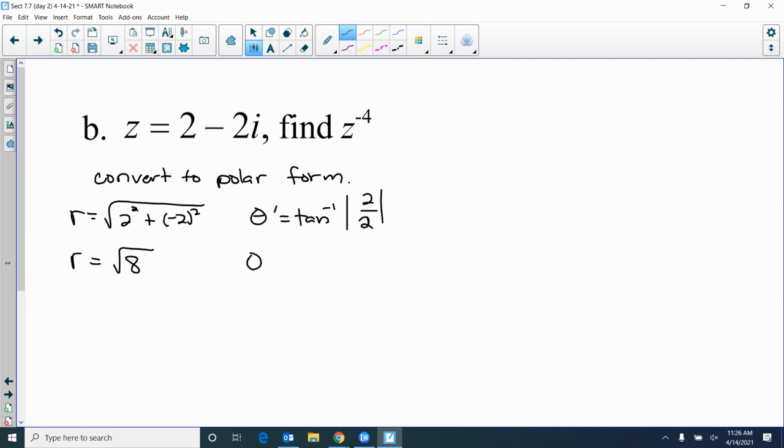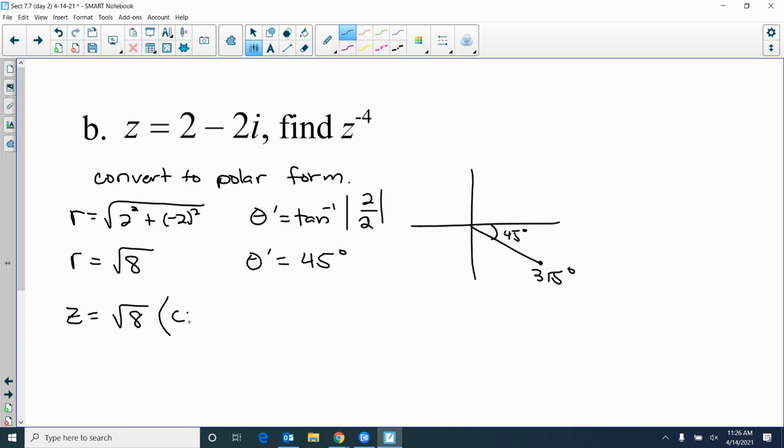So that's my reference angle, 45 degrees. So it's going to be 315 when we're done. So z equals square root of 8 times cosine 315 plus i times the sine of 315.